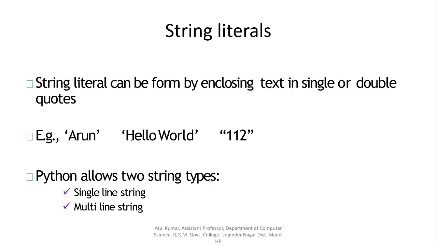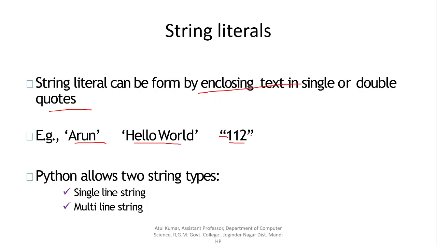So string literals can be formed by enclosing text in single or double quotes. For example, Arun is enclosed in a single quote, so it is a string literal. Hello world is also enclosed in a single quote, so it is also a string literal. "112" is not a numeric literal because it is enclosed in double quotes.